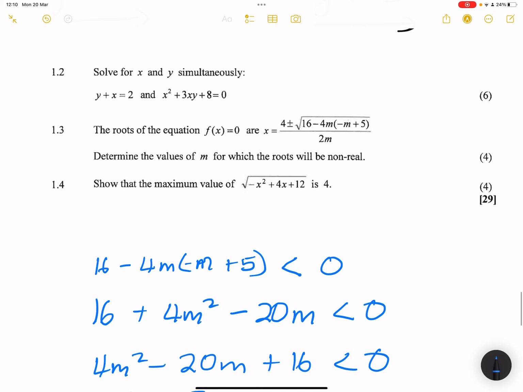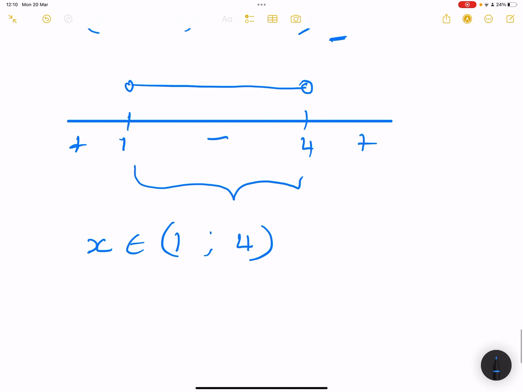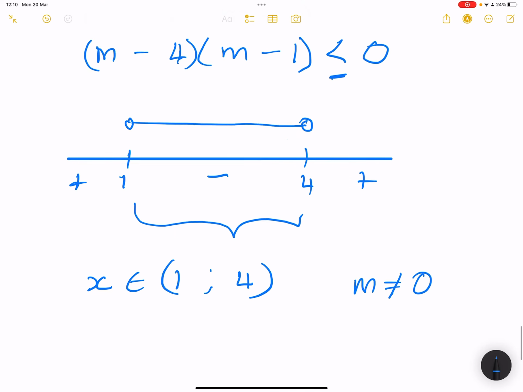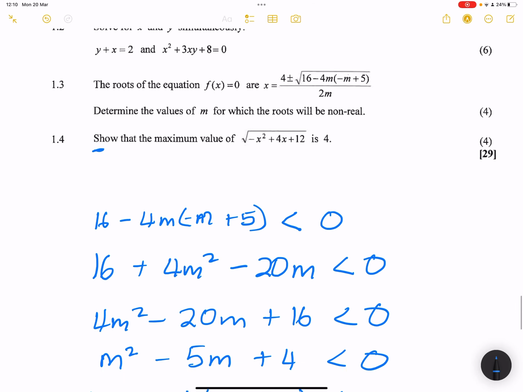Right, and so the last one. Oh, and by the way, please note that we've got m at the denominator there, so m must not be equal to 0, okay? Right, so they say show that the maximum value of that expression, square root of minus x squared plus 4x plus 12, is 4.